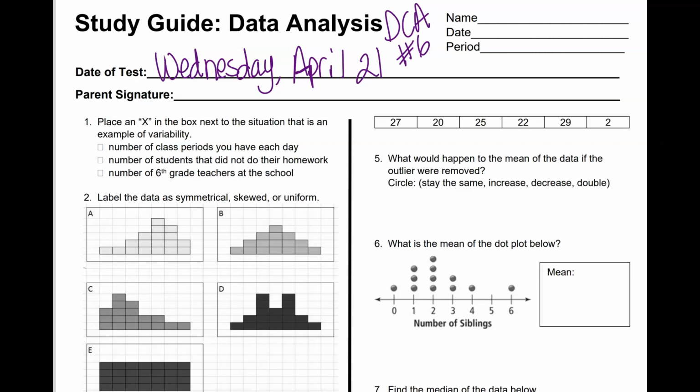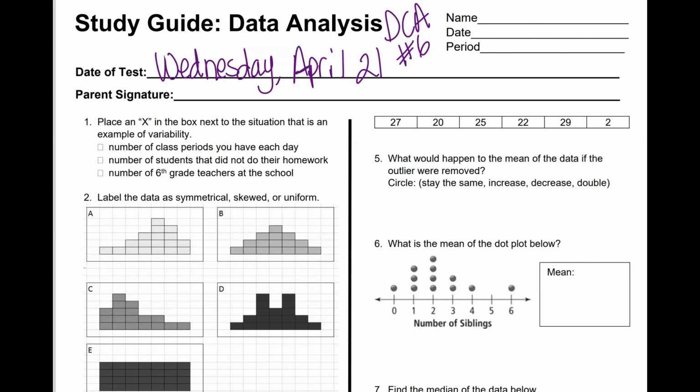Number 1, place an X in the box next to the situation that is an example of variability. Variability means that we want different answers for each student or each person that we ask. Number of class periods you have each day is not an example because every student will have the same answer.